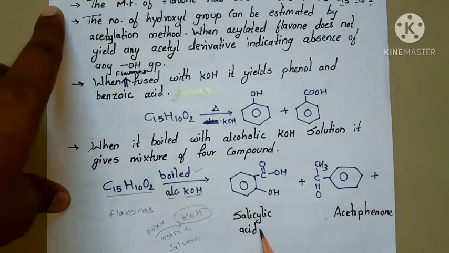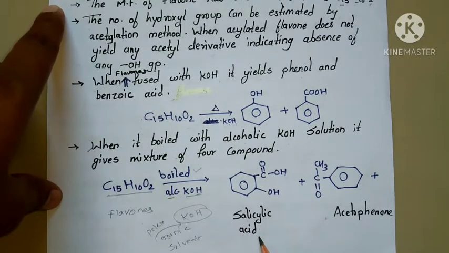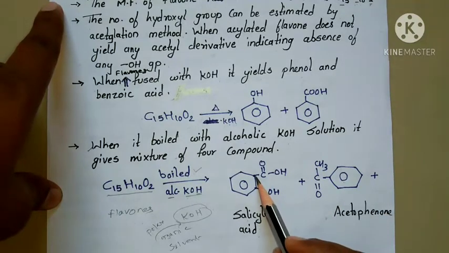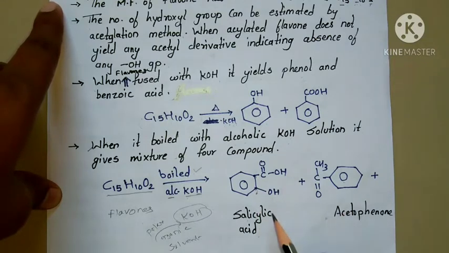So the first compound is salicylic acid. As we know the salicylic acid structure, there is one COOH group and the second position has a hydroxyl group, so that is salicylic acid. This is the common name.